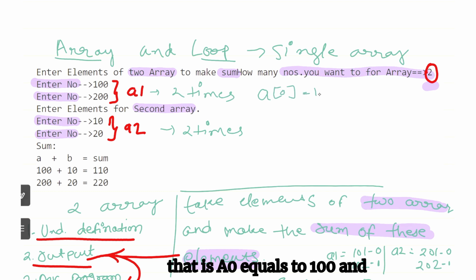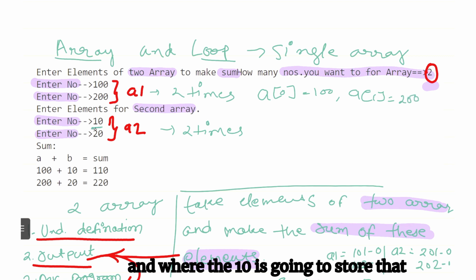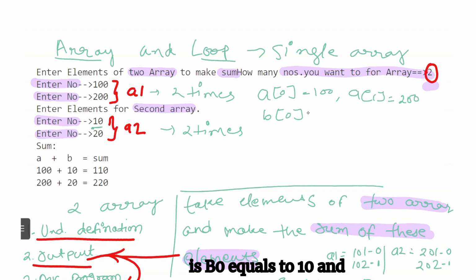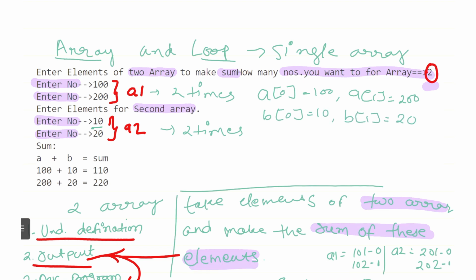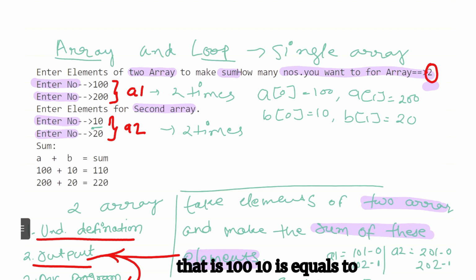A0 equals 100 and A1 equals 200. And where is the 10 going to be stored? B0 equals 10 and B1 equals 20. Next it's going to show you the sum, that is 100 plus 10 equals 110, 200 plus 20 equals 220.